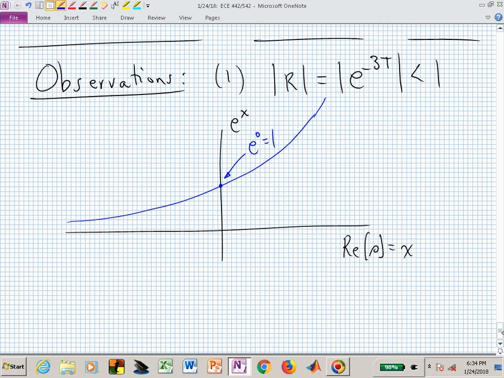And over here, we would have a negative exponent, and on this side, we would have a positive exponent.